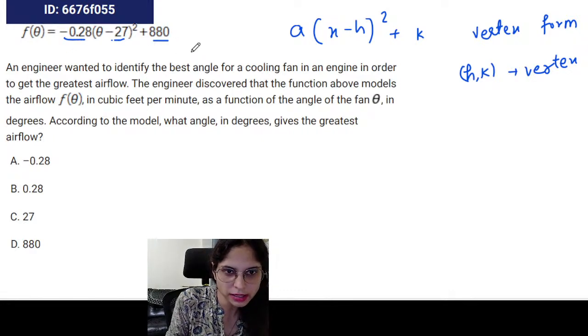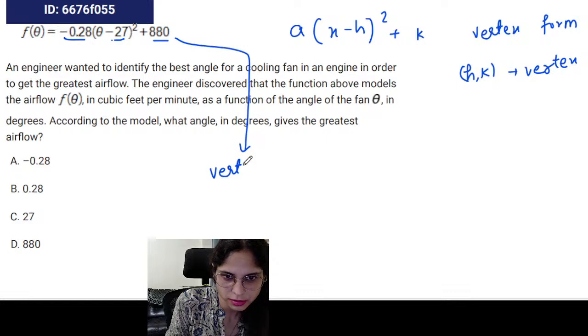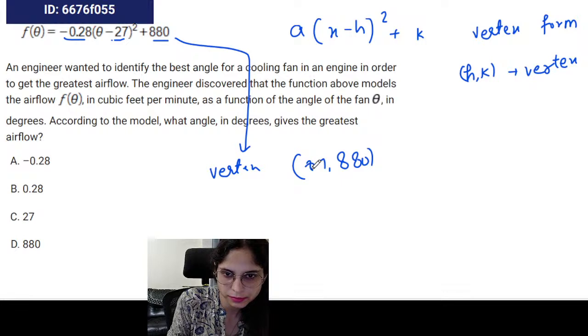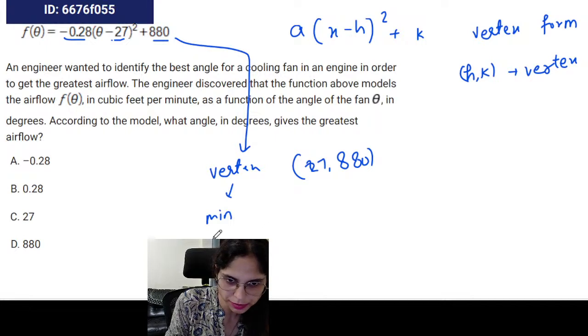So from this equation I can directly say that my vertex is 27, 880, and the vertex represents the minimum or maximum. Minimum if it is a parabola up, and maximum if it is a parabola down.